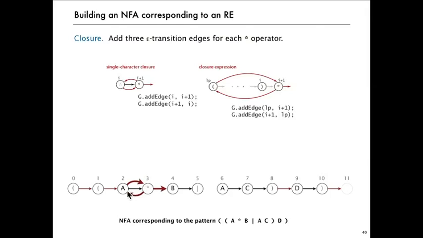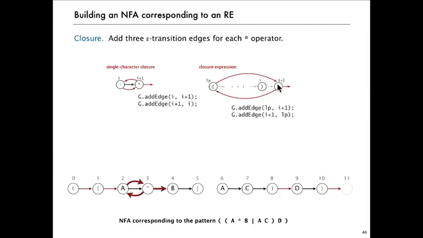If you have a character in I and a star in I+1, you have to add these edges going both ways, and then an edge going out to the next character to get out of the star. And that works also if there's a closure involving parentheses.